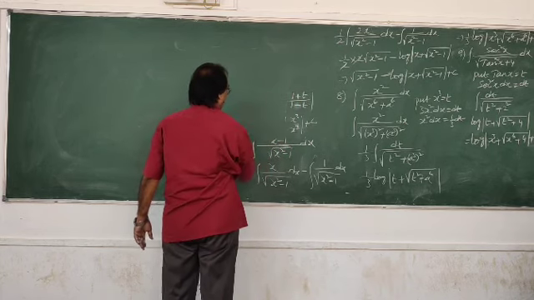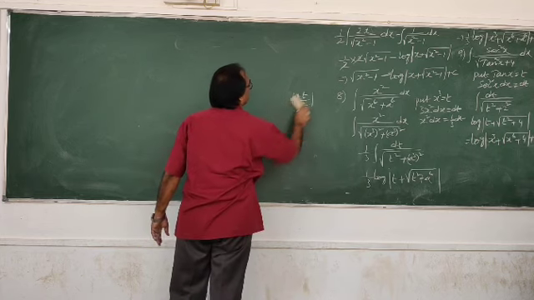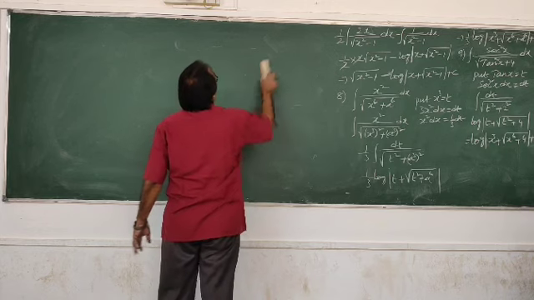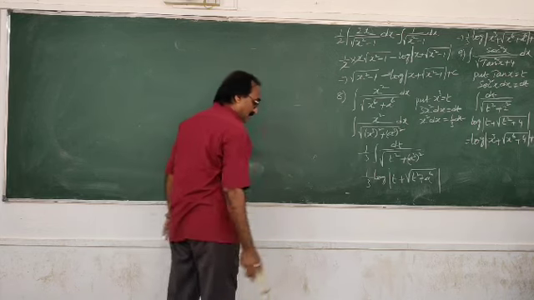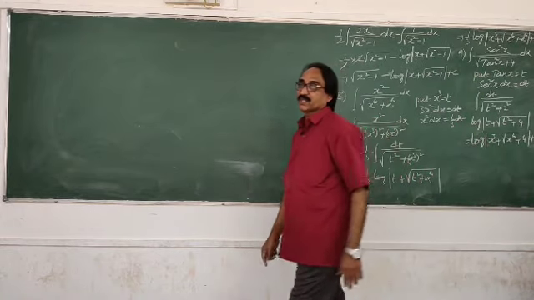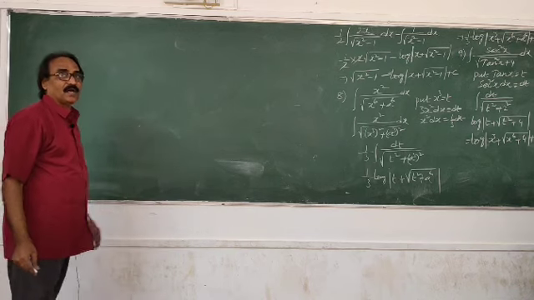Correct or not? So all the 6 formulas were derived based on that. The problems for the first type of formulas, we did them. Now we are going to the second type. What is the second type? I'll tell you. If any given function, this is also very important, important from the entrance point of view also.